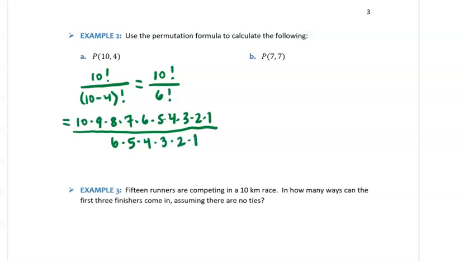And as we've done before, we notice that we can simplify by canceling a 6 factorial from the numerator and the denominator. So in other words, 6 all the way down through 1 will cancel in the numerator and the denominator. And so I'm left finding the product 10 times 9 times 8 times 7, which gives me an answer of 5,040.